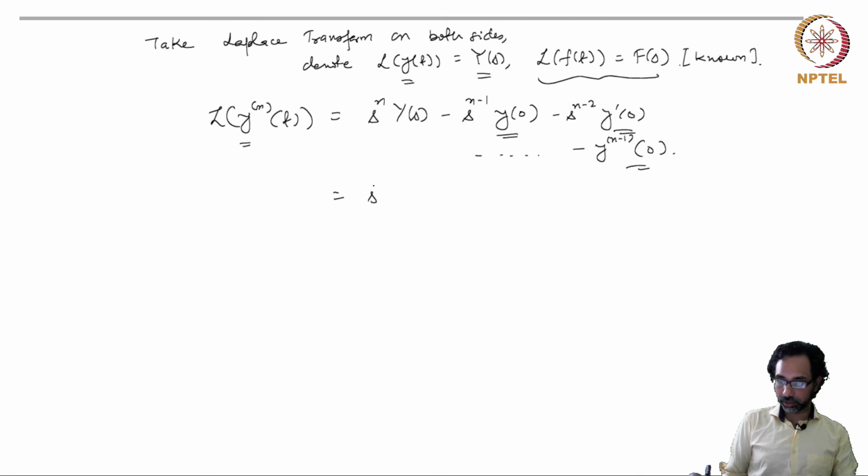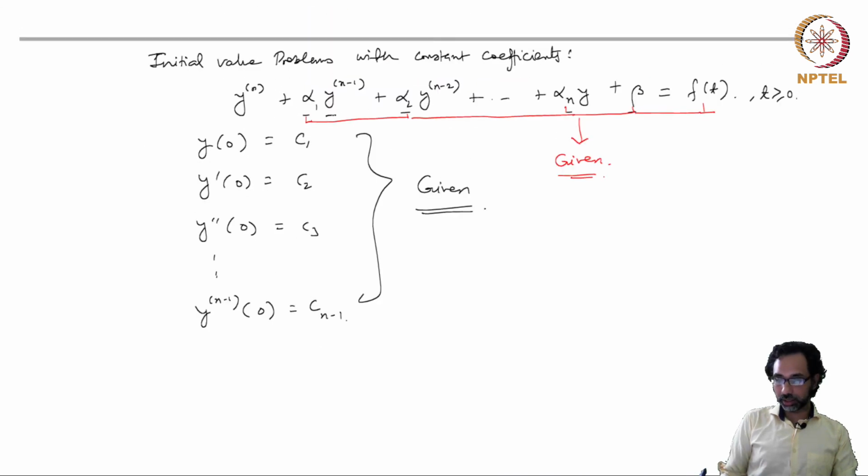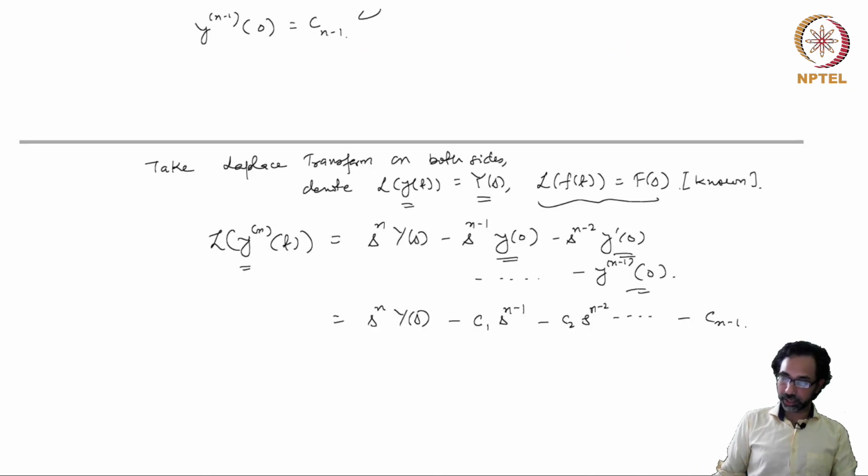So you will get s^n Y(s) minus c1 s^(n-1) minus c2 s^(n-2) and so on, minus c(n-1). On the other hand, you have for each derivative such an expression.